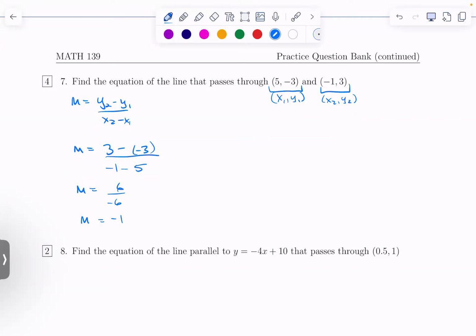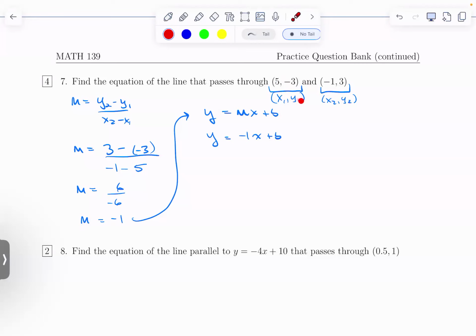Now, you can take that slope into y equals mx plus b, right? The equation of a line is what we're going for. So y is -1, the slope, times x plus b. We still need b, but we have 2 points, and you can pick whichever point you want, right?